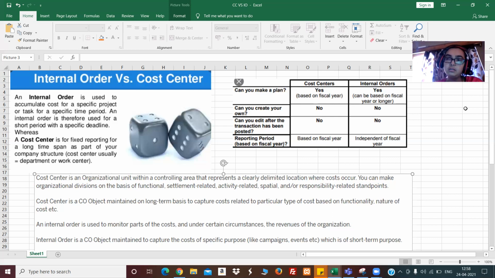The same happens in a cost center as well, but the main difference between an internal order and a cost center is that for an internal order you can calculate the revenue or loss for a specified campaign or event belonging to a specified time.